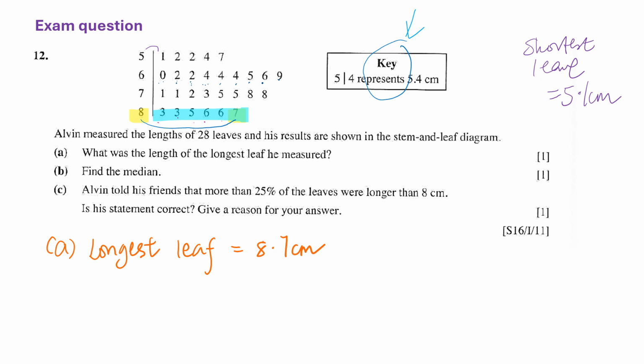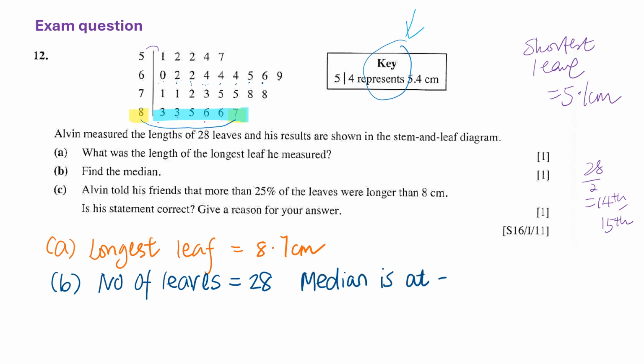All right, and then you are asked to find the median. There are 28 leaves. It's an even number. So the 2 middle positions will be 28 divided by 2 gives you 14, and the 15th position. Right, as what we have done earlier on. So let's start counting.